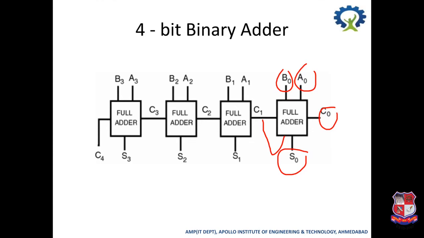In this, our numbers are input in A and B bits, A0 to A3 and B0 to B3, and a carry input is there, and the carry output is directly transferred as an input to the next full adder. So this is the hardware implementation of a 4-bit binary adder.